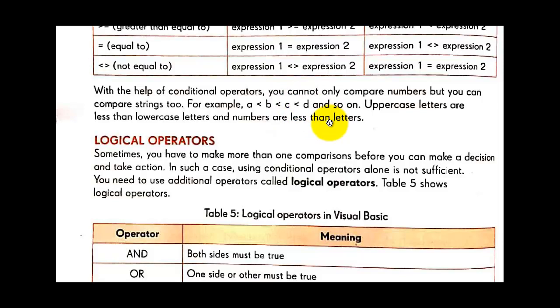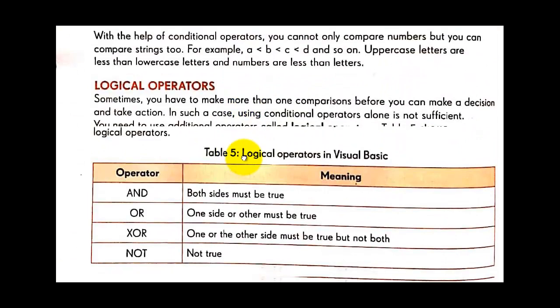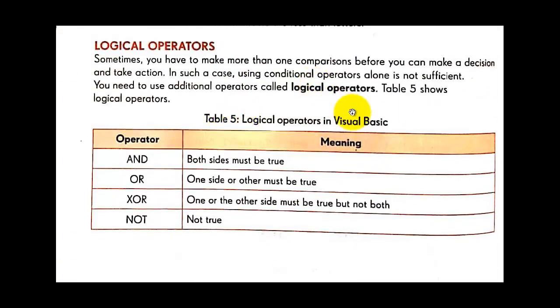Okay. Now after these conditional operators, we use logical operators. There are some conditions where we have to make certain decisions and take certain actions. At that time, conditional operators alone are not sufficient. What do we have to use then? We have to use additional operators, or logical operators.